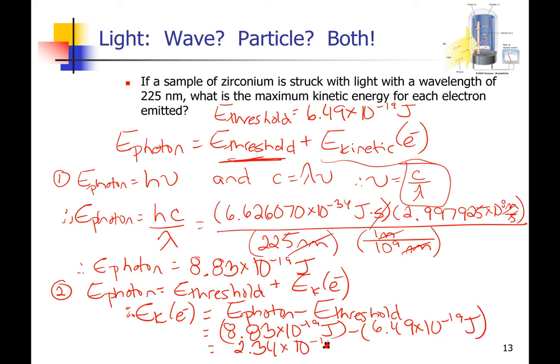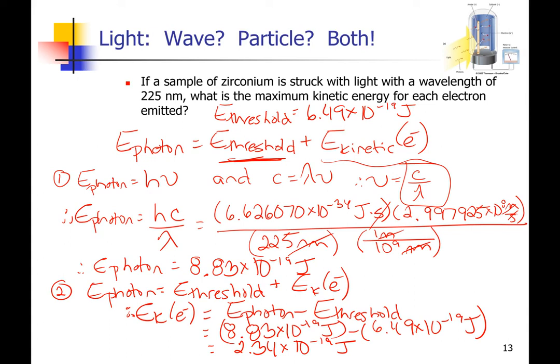When I'm doing my quick mental check as to whether or not my answer makes sense, this is a positive number. That means it was actually possible to eject the electron and there was some leftover energy, which makes sense given that we used shorter wavelength light in this example than the wavelength that corresponded to the threshold energy, than the wavelength that corresponded to the threshold frequency.